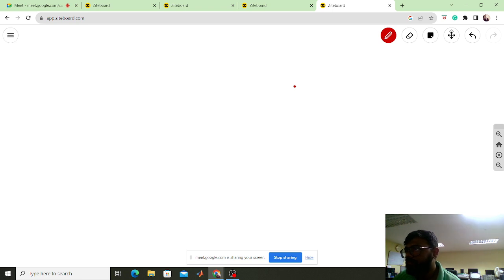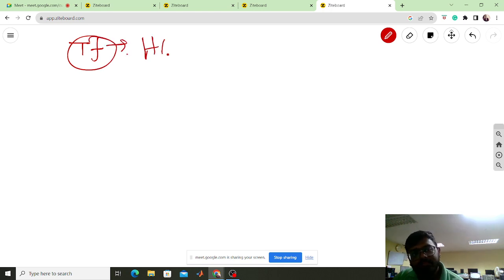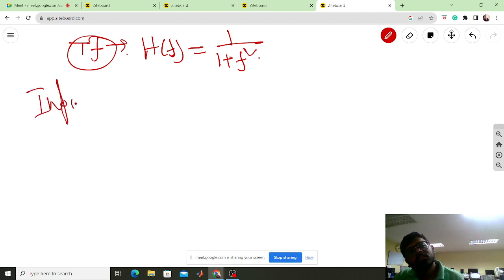Power efficiency. So basically the question said that the transfer function H(f) is 1 by 1 plus f square, and the input is a particular AWGN.